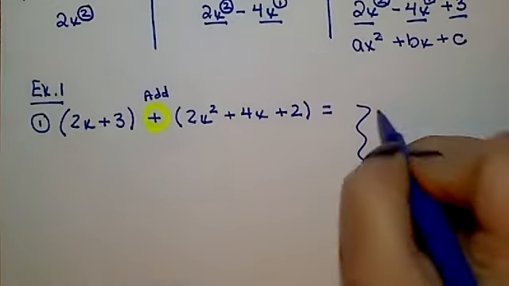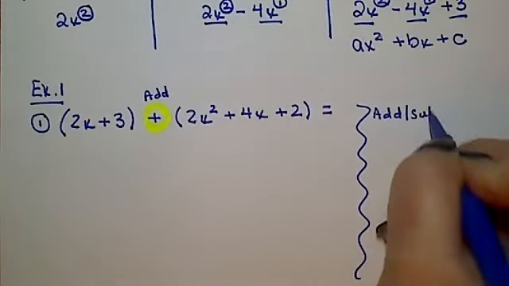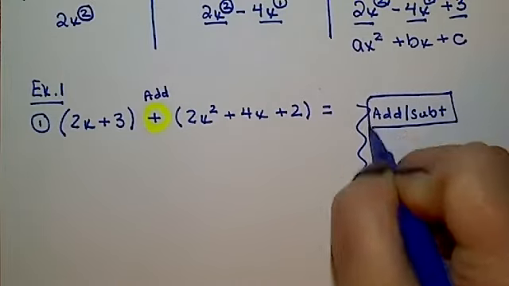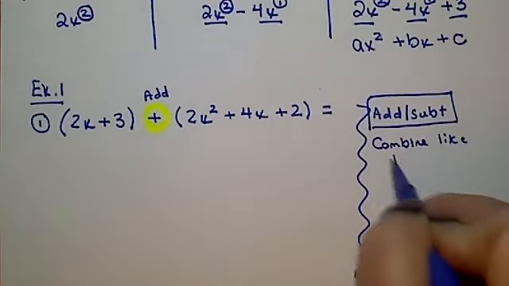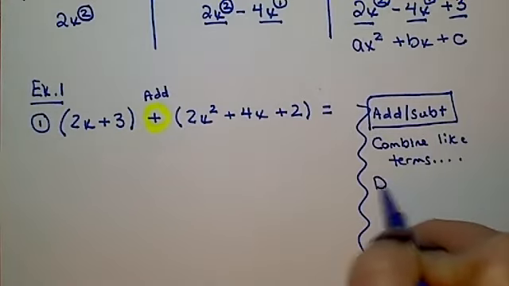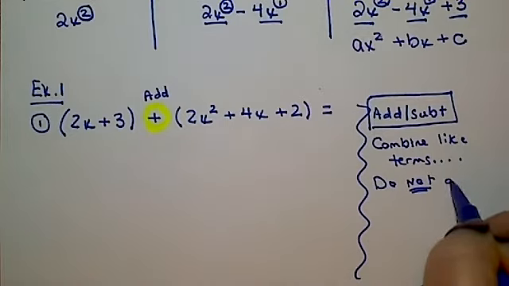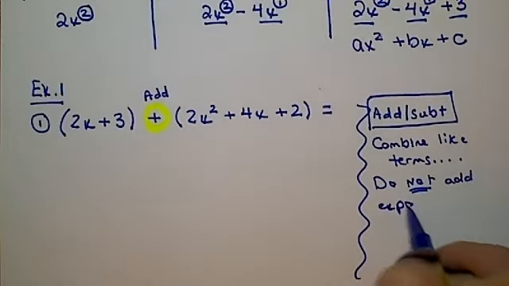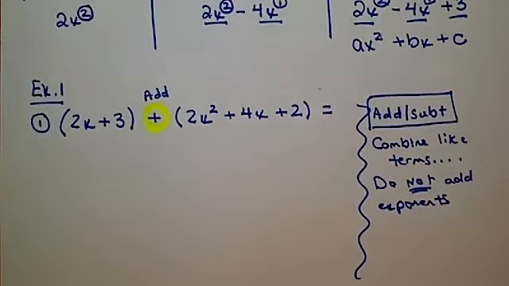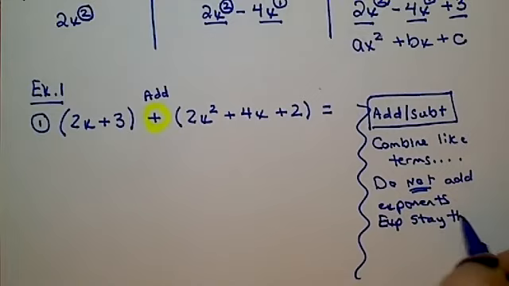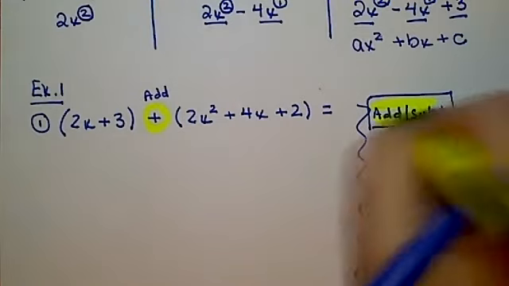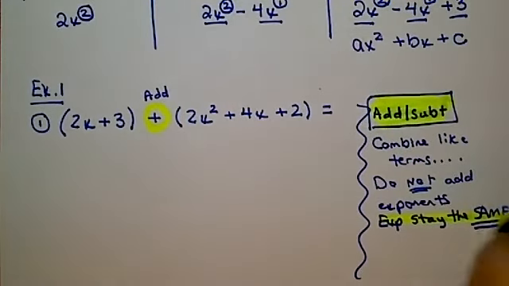When you add or subtract, you need to combine like terms. Do not add exponents. Okay, do not add exponents. Do not change exponents. Exponents stay the same when you are adding and subtracting. Exponents stay the same.